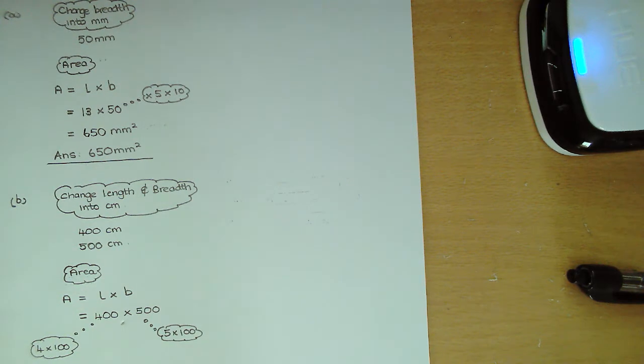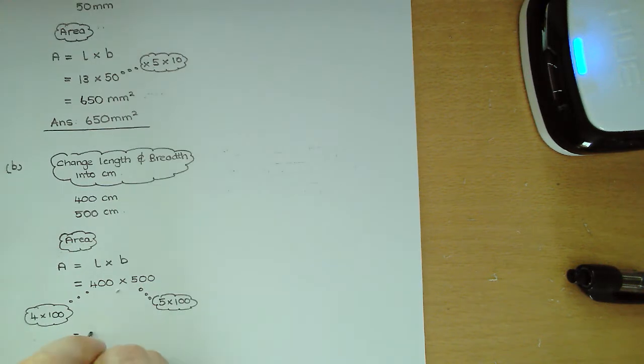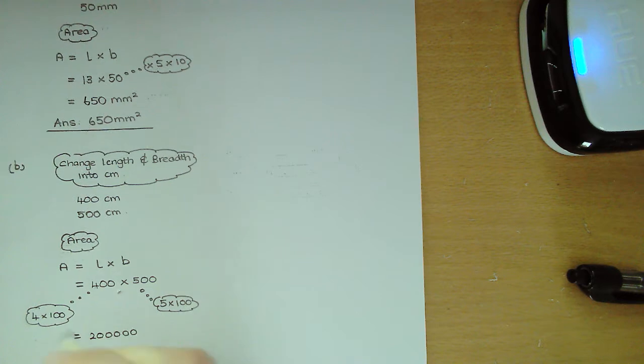So 4 times 5 is going to give us 20. We're going to multiply 20 by 100. So you multiply a whole number by 100, you just put 2 zeros on after it. And then we're going to multiply this whole number by another 100. So we're going to just put 2 more zeros on after it. So we're going to be left with 200,000.